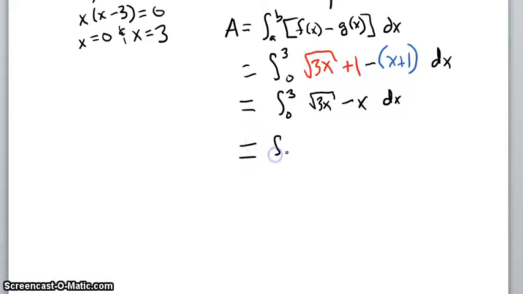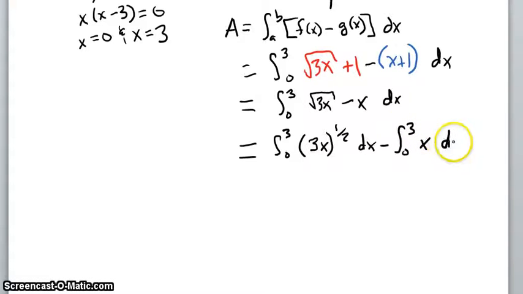So I'm going to write it from 0 to 3, and I'm going to rewrite the square root of 3x as 3x all raised to the 1/2 power dx, minus the integral from 0 to 3 of x dx.